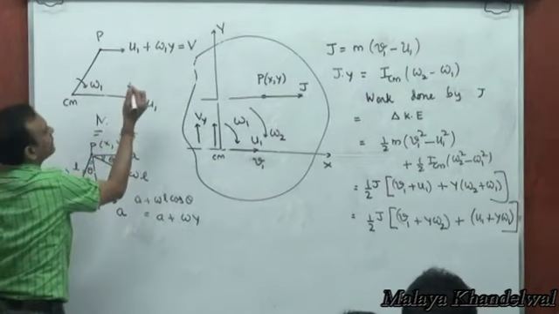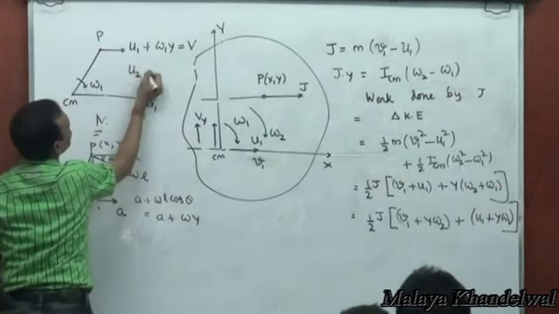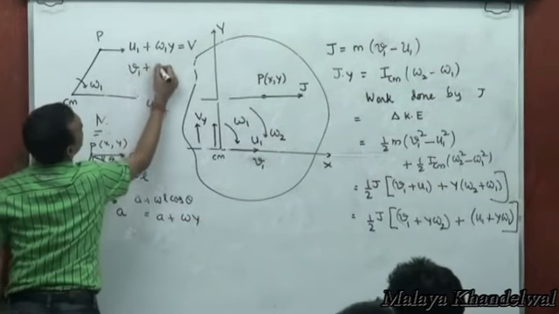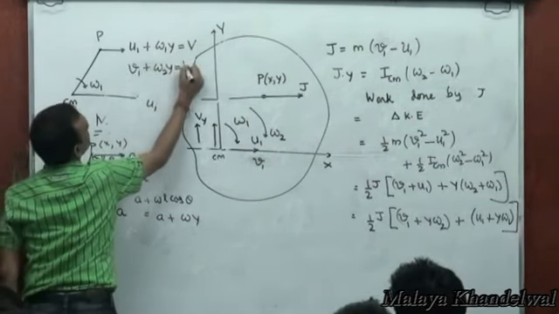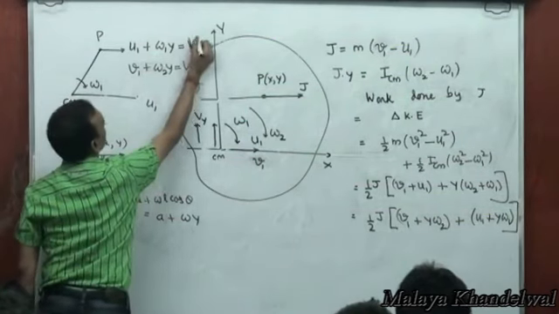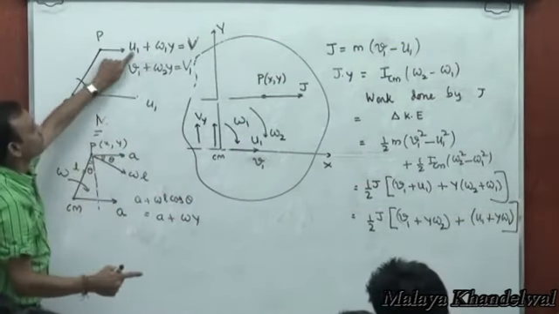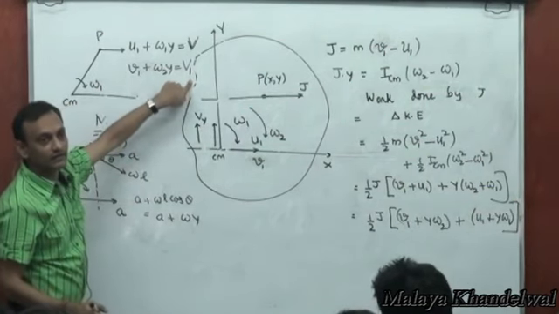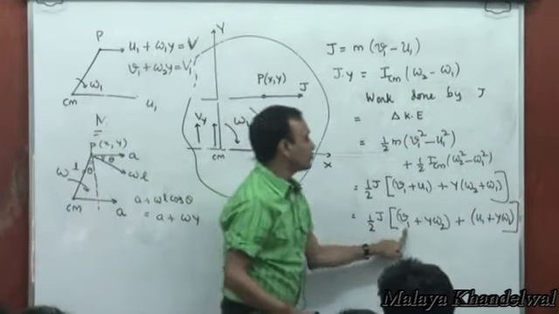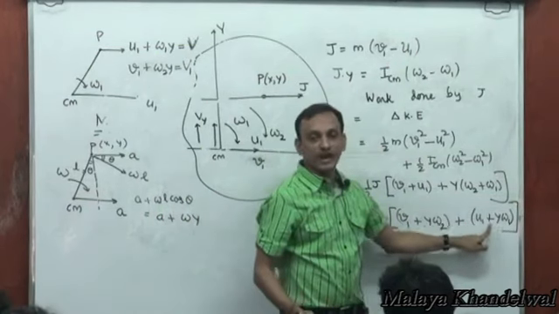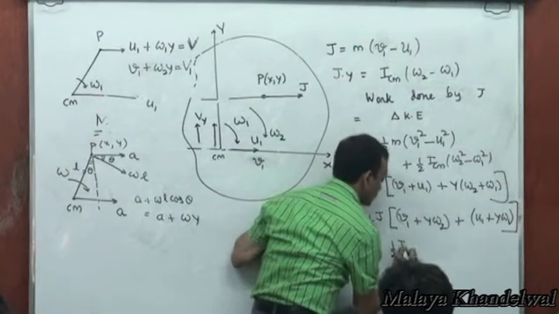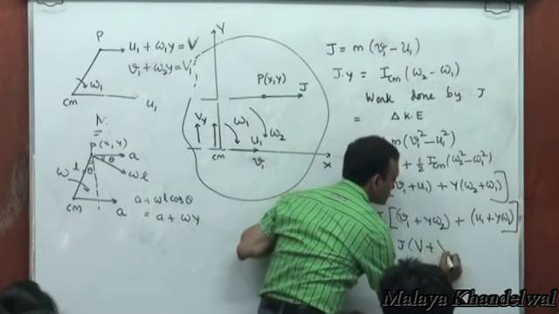And finally, it had v1 plus omega 2 times y. That must be capital V1. Finally, this is before the impulse, this is after the impulse, v and V1.